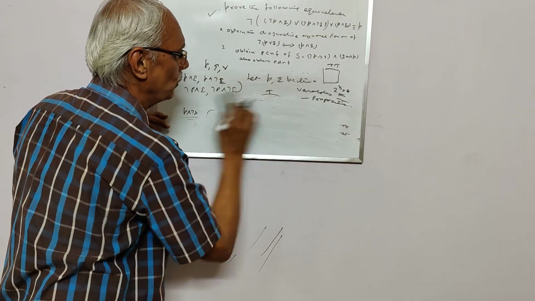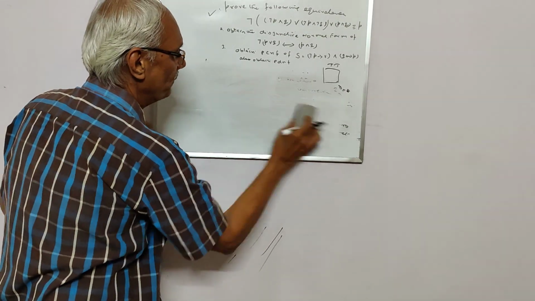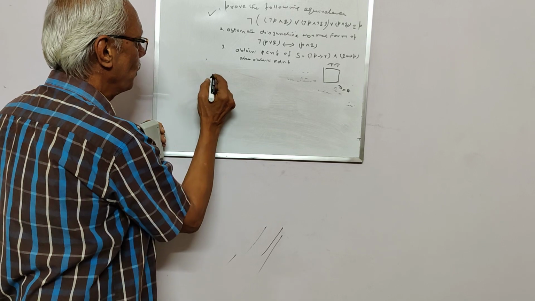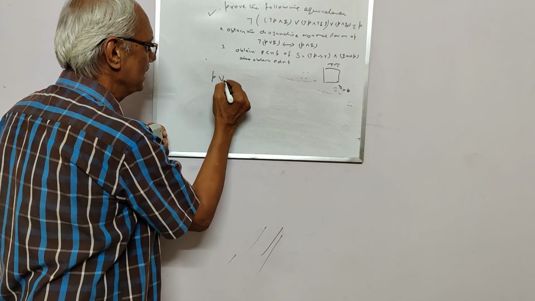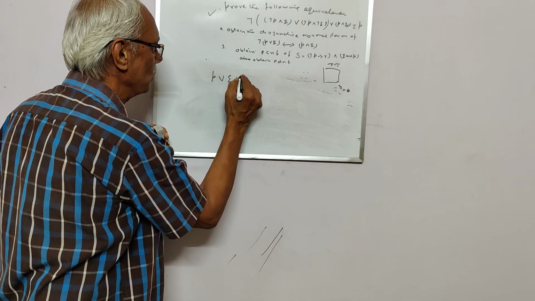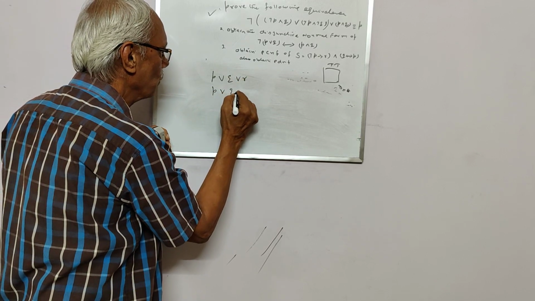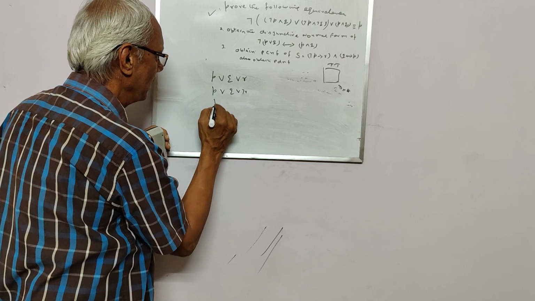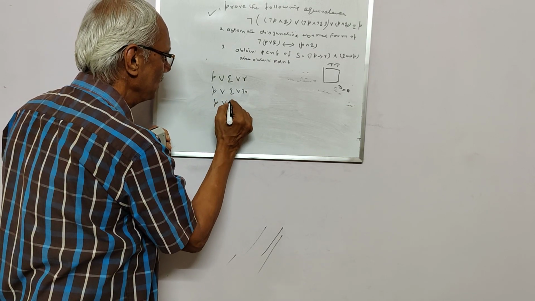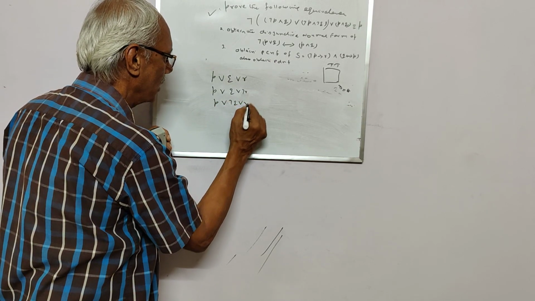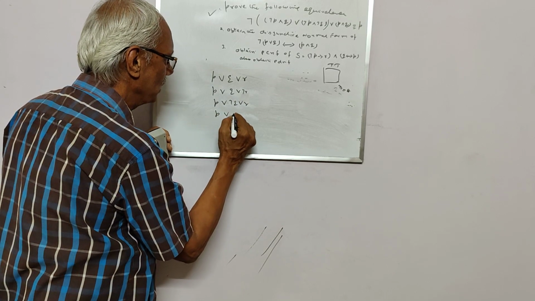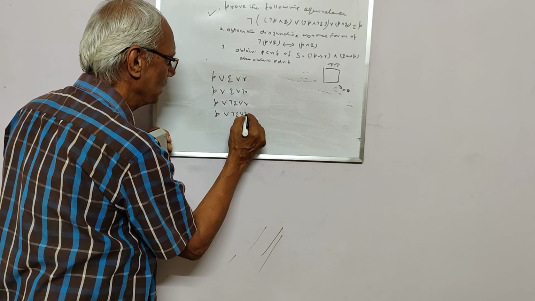For example, I am writing the canonical sum: P union Q union R. Then the next is P union Q union negation R. Then P union negation Q union R. And P union negation Q union negation R.